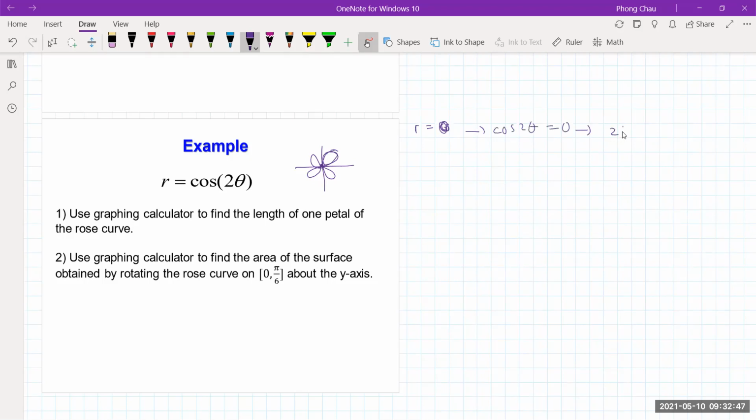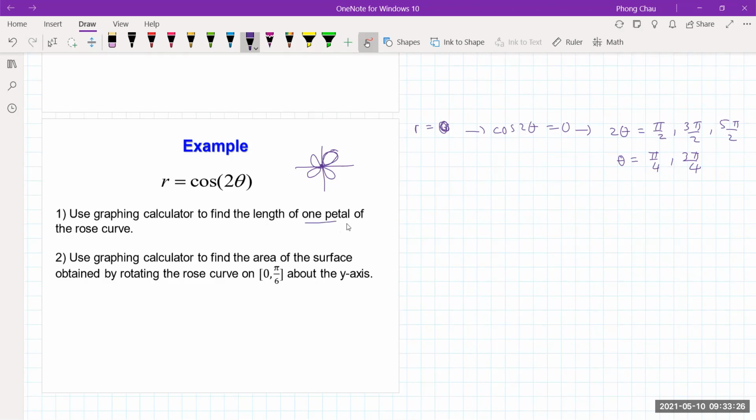Therefore, 2 theta is going to be pi over 2 or 3 pi over 2. We could actually go on and on, 5 pi over 2, but we only pick 2. Divided by 2, you have pi over 4 and 3 pi over 4. So that is where you're going to have the first loop or one petal.